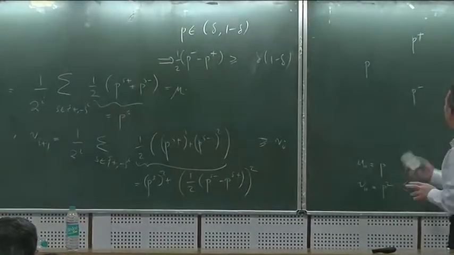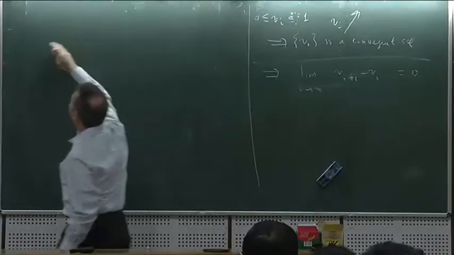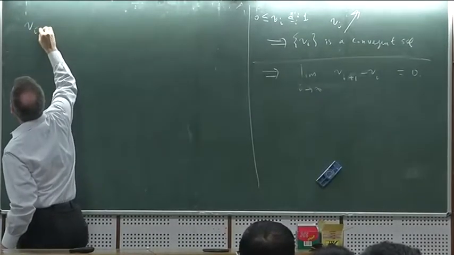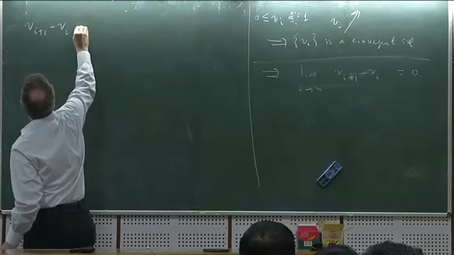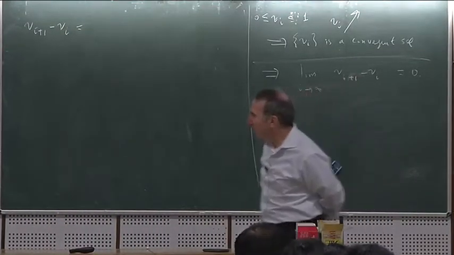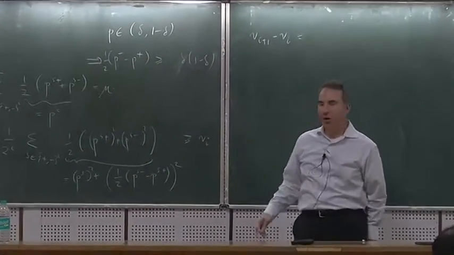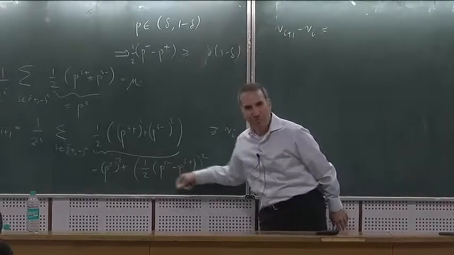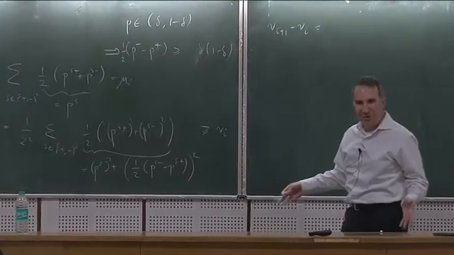Let me say one more thing. Let's take a look at the difference between nu_i and nu_{i+1}. Well, I obtained that nu_{i+1} is bigger than nu_i by ignoring this term. If I hadn't, it would be exact.